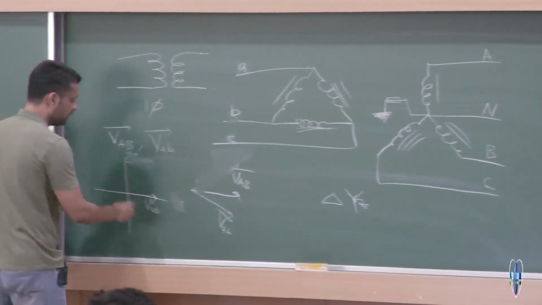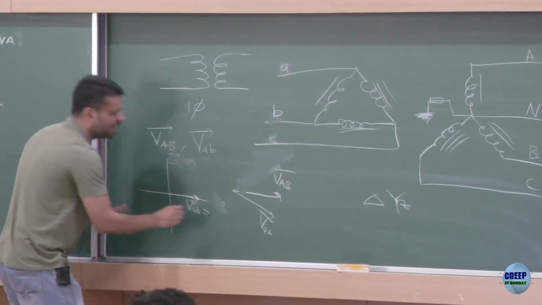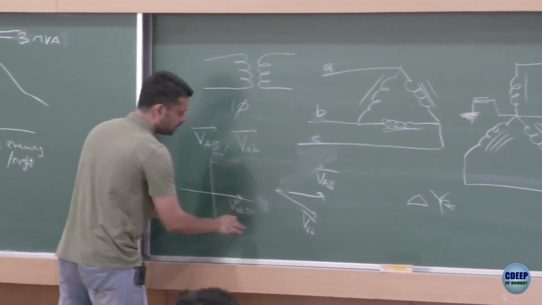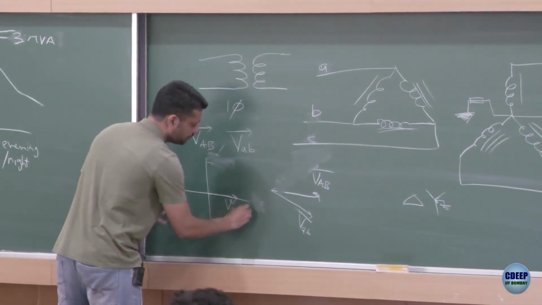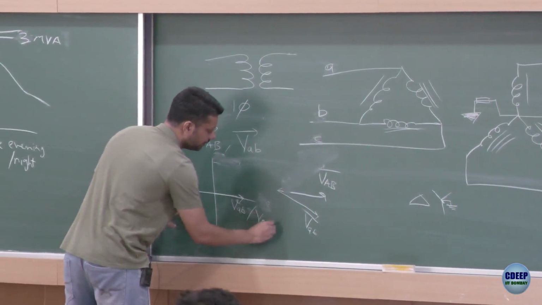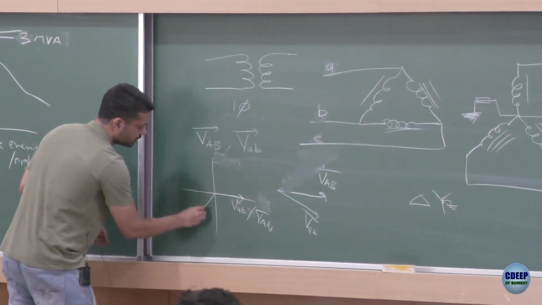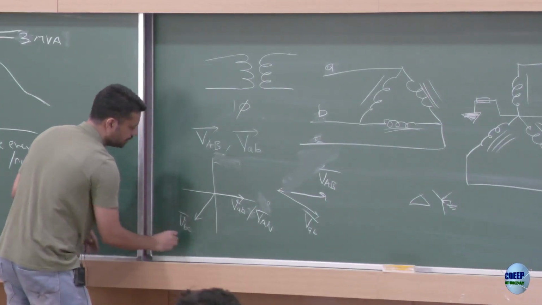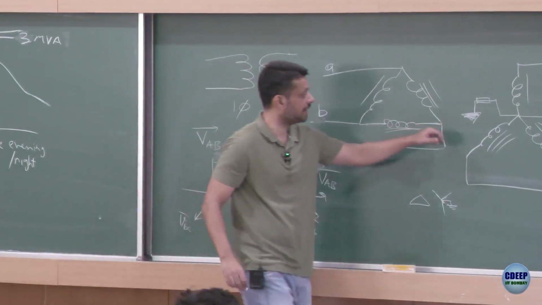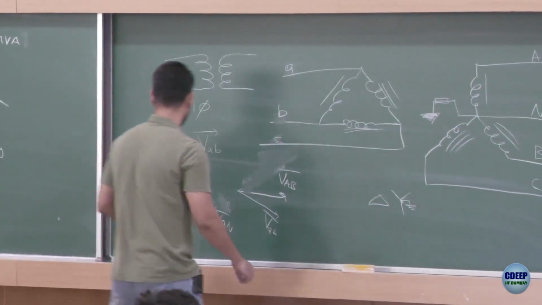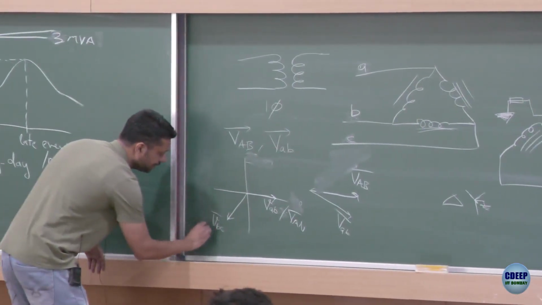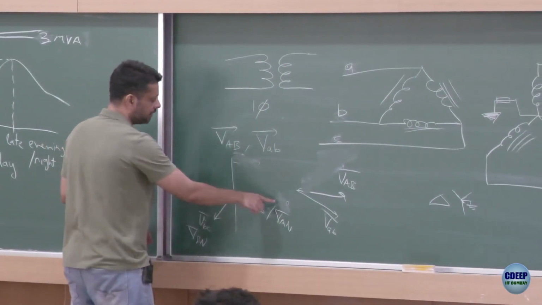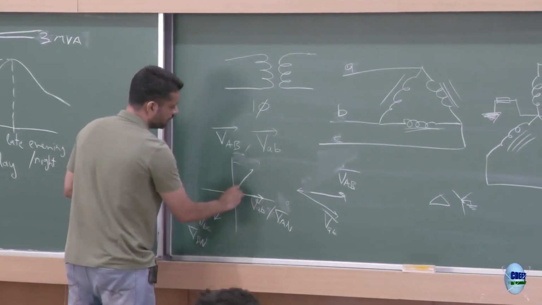The small Vab is equal in terms of phase; there is a magnitude difference, we will come to that, but in terms of phase it is the same as VAN. And this is small Vbc, which in terms of angle is the same as VBN. So this is capital VBN, and therefore capital VAB will be capital VAN minus VBN, which would be this one.